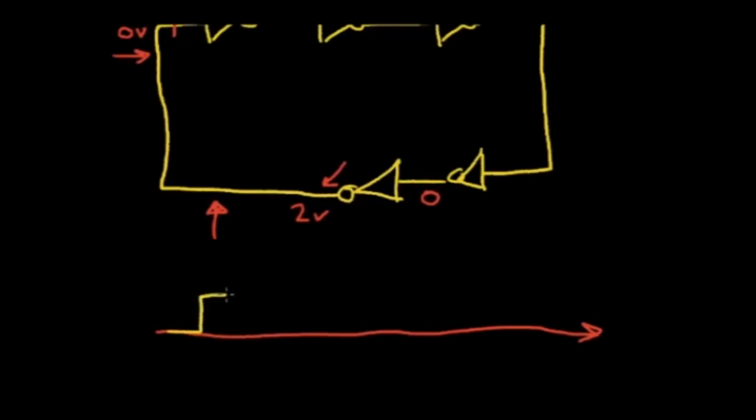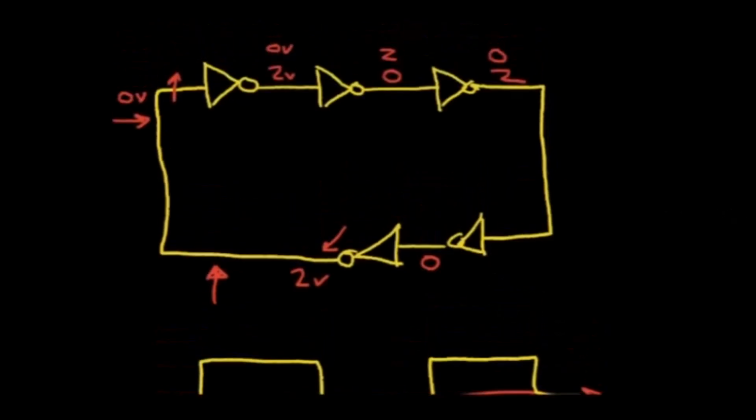And then that 1 will propagate through 5 inverters, and in later time, the output will switch back to 0. Then that 0 will propagate through 5 inverters, and the output will switch to a 1. And so on and so on. And again, this is called a ring oscillator.